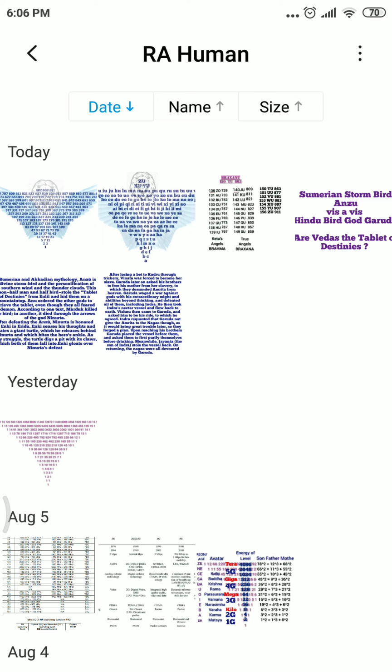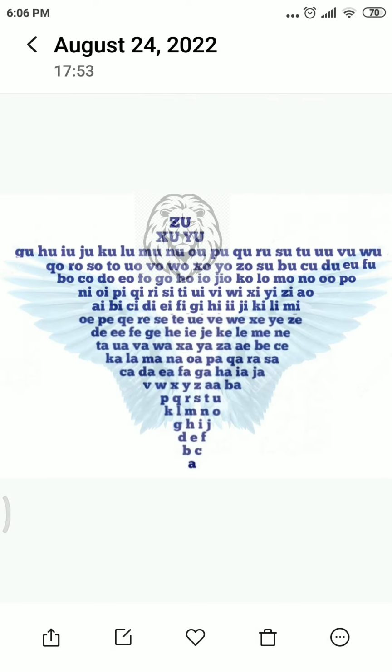So I tried to arrange these alphabets also in the shape of Pascal's triangle. It's not very complex.